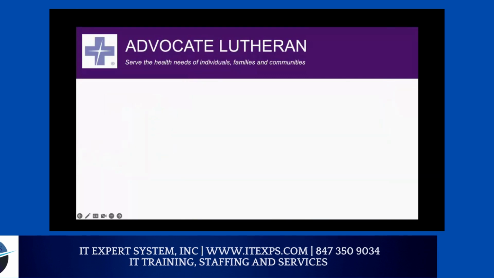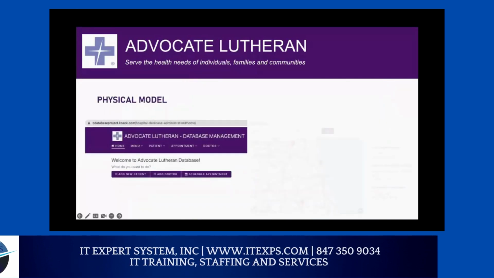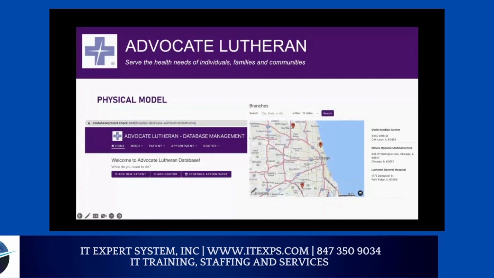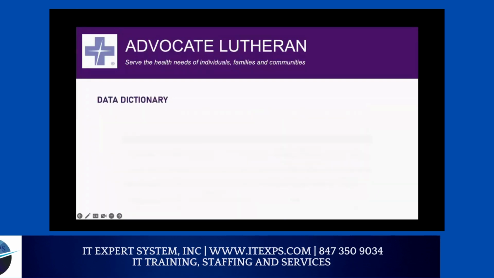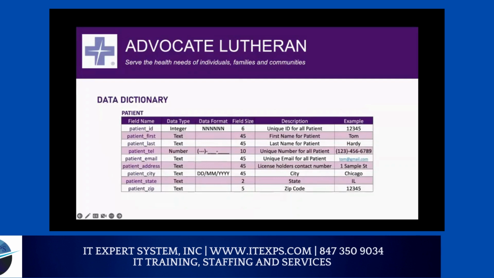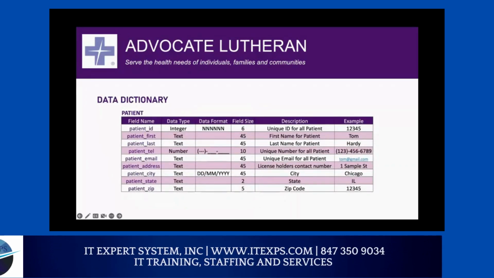And here we have our physical model, which is where the actual database is managed, but we're going to have more details in the Knack application. Here we have a sample of our data dictionary to describe our tables and their columns in more detail.